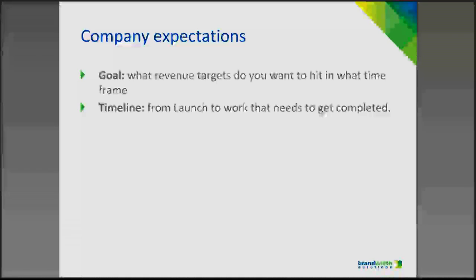Company expectations. It's really important as you're developing your collateral or campaign, again, to make sure everybody is on the same page. What is the goal of this campaign or this collateral piece? What's the timeline? If we're developing a new product launch, when does everything have to be completed?